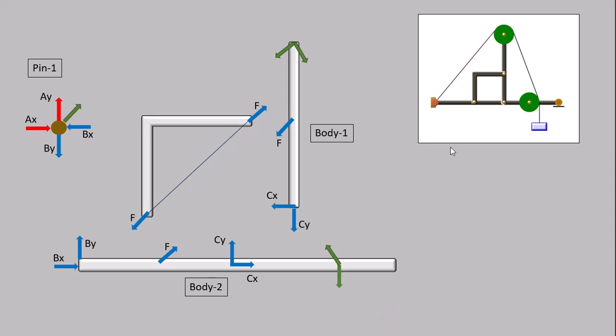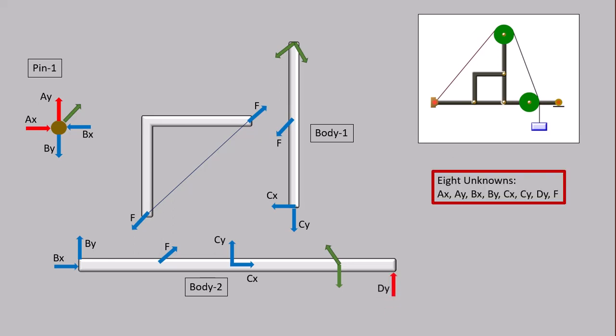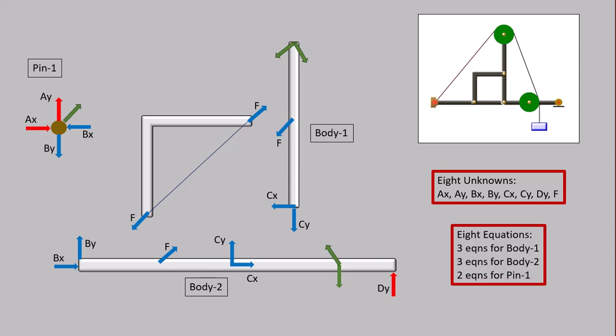Now we have to add the roller. That's the roller force. There are 8 unknowns: Ax, Ay, Bx, By, Cx, Cy, Dy, and F. And there are 8 equations. 2 equations for body 1, 2 equations for body 2, and 2 equations for pin 1.